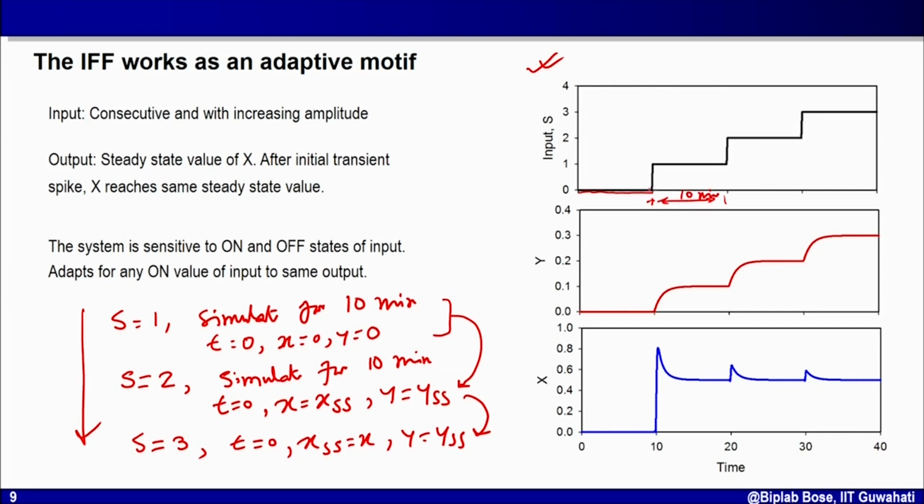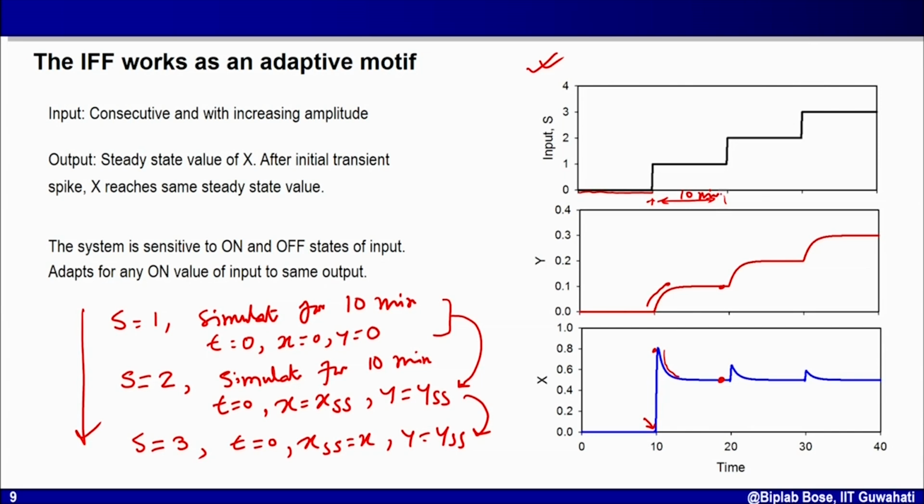So when I have given this pulse of s equal to 1, I got a sudden rise of x up to this spike point, and then it falls and reaches the steady state. Similarly, here y increases and reaches a steady state here.